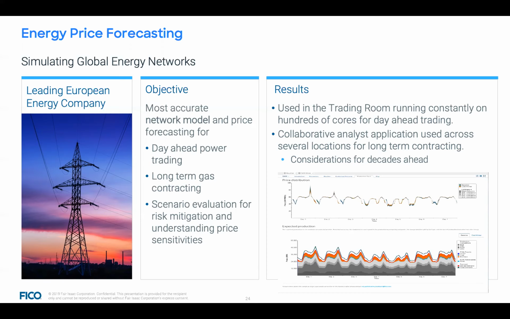They're optimizing the prices and the market participant behavior in that market. They assume rational market behavior, and then an optimization algorithm is able to make those projections of future prices. And this is actually used in big trading rooms to trade power.